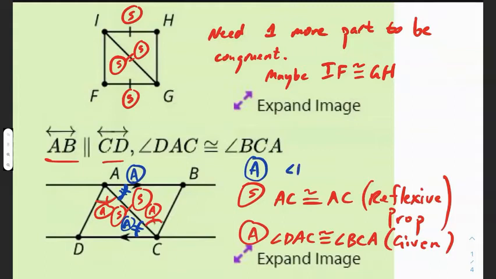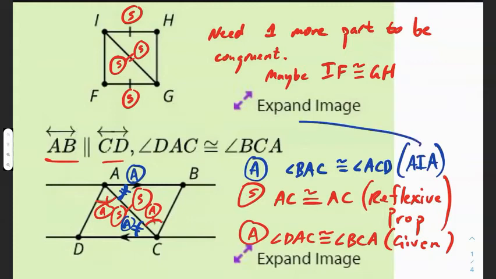So angle BAC is congruent to angle ACD by alternate interior angles, and that's really based upon the fact that those two lines are parallel to each other.